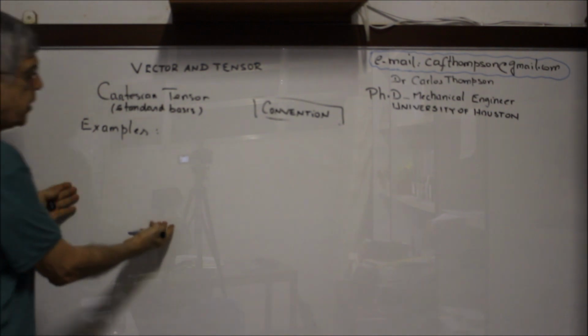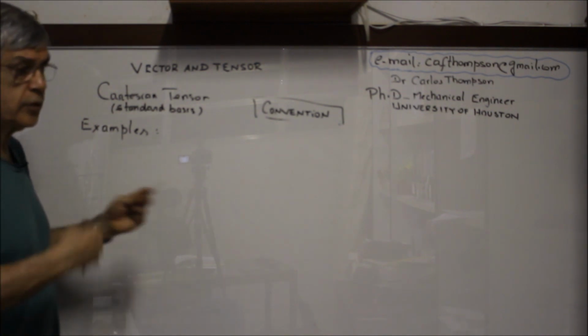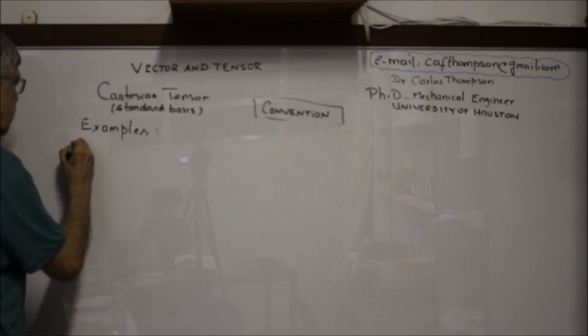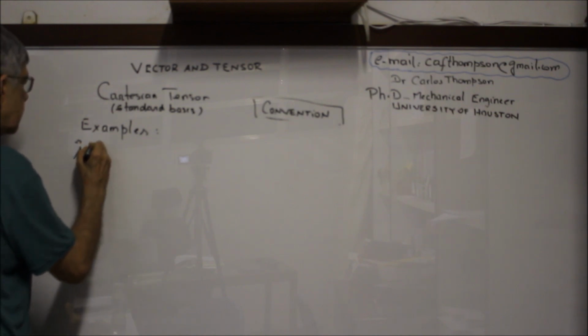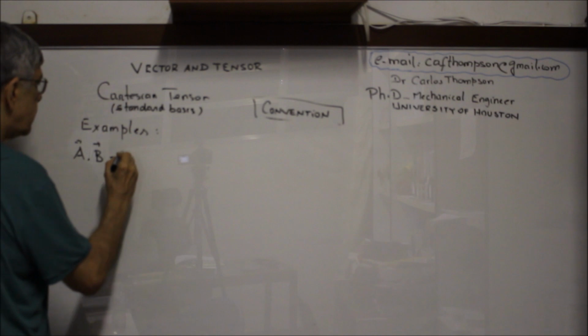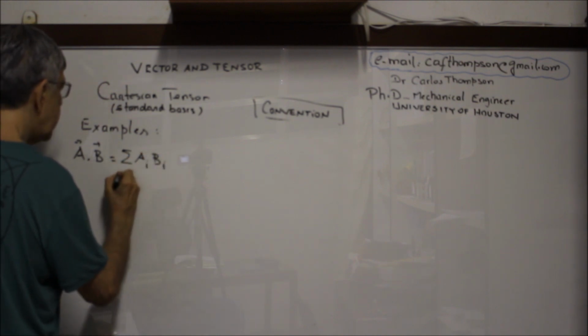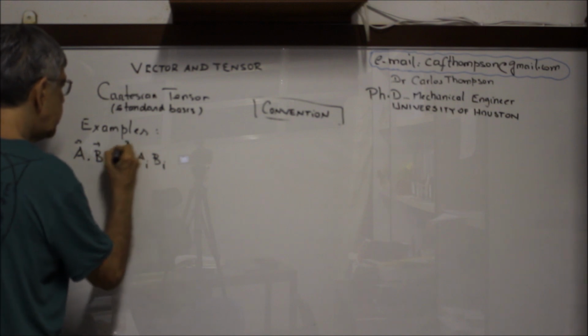So I'll present some examples, and we'll discuss. Now, suppose you have a scalar product, A dot B. We saw this is a summation of A_i B_i, i equal 1 to 3.